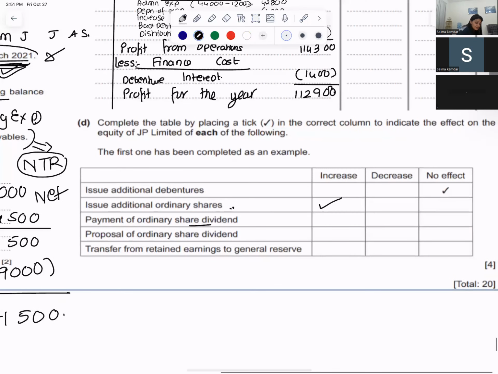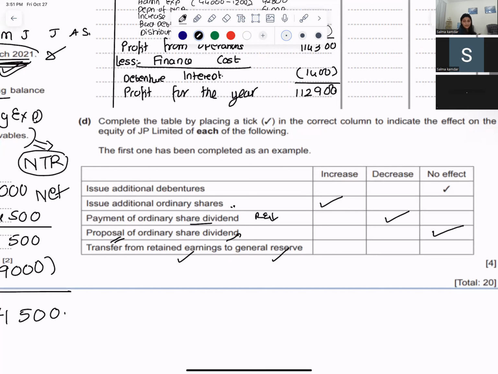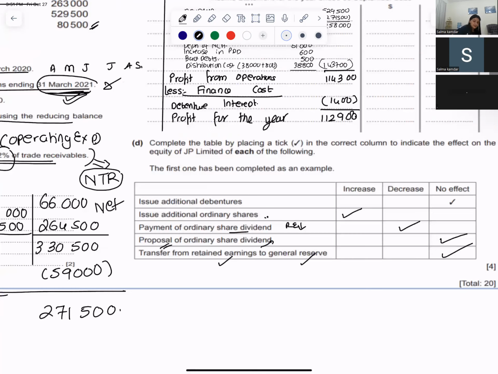If you pay dividend, your retained earnings will fall, so your equity will fall. If you're just thinking to give a dividend, a proposal, will it increase, decrease or have no effect? No effect. You transfer from retained earnings to general reserves: from one section of equity you transfer to another section, so it will have no effect on your equity.